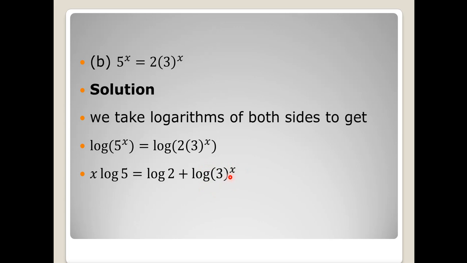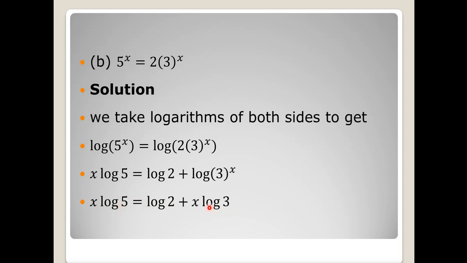Based on the rules of indices, rule number 3, this x can be brought in front of the log. So the left side is the same, and on the right side the second term becomes x log 3. Now see, here we have x multiplied by log 3, and on the left side we have x multiplied by log 5.